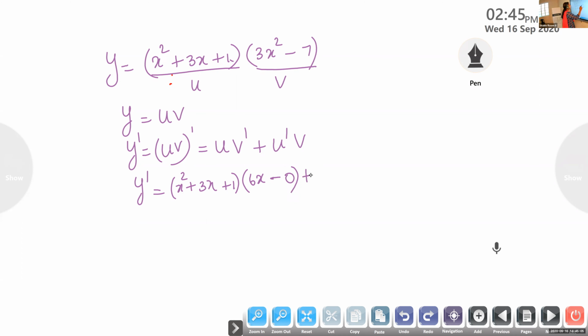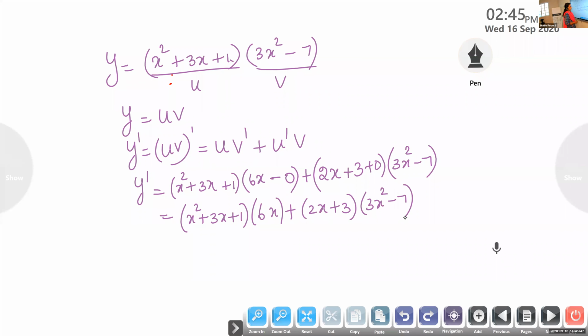Plus u' into v. The derivative of u: the derivative of x square is 2x, plus the derivative of 3x is 3, plus the derivative of 1 is 0, into the second function as such, 3x square minus 7. That is (x square plus 3x plus 1) into 6x plus (2x plus 3) into (3x square minus 7).